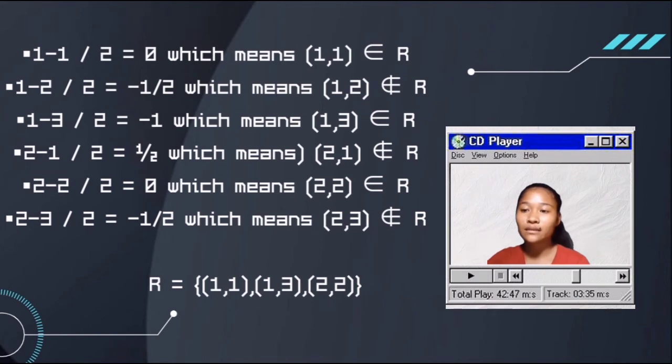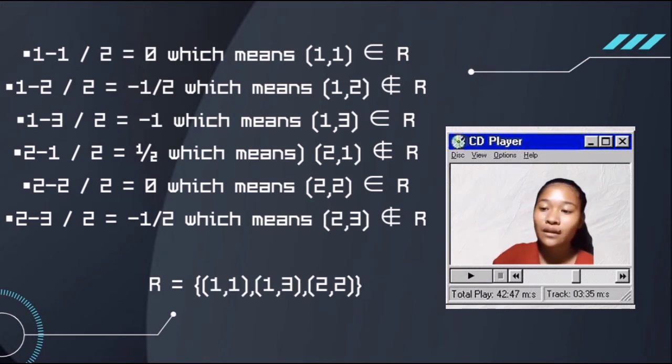2 and 1 is not an element of relation R because (2 minus 1) over 2 is equal to 1 over 2, and 1 over 2 is not an integer. 2 and 2 is an element of relation R because (2 minus 2) over 2 is equal to 0, and 0 is an integer.